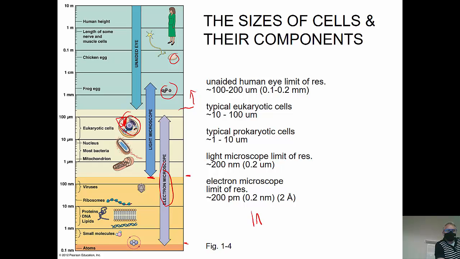So 1 angstrom, that unit we have here, is equal to 0.1, sorry, that should be nanometers, okay? And so we can start to see down into the range of about 200 picometers here, about 0.2 nanometers. That's utilizing very specialized kinds of microscopy.